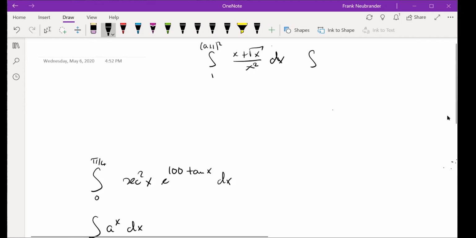You get in the integral from 1 to a plus 1 squared: x divided by x squared is 1 over x. And the square root of x divided by x squared is x to the 1/2 over x squared, which is x to the minus 3/2 dx.